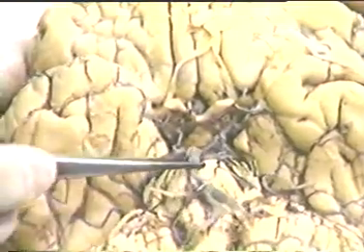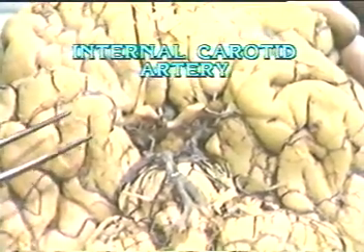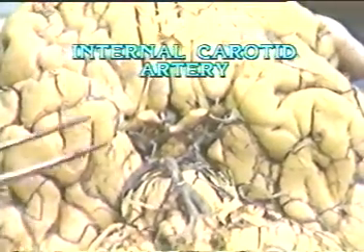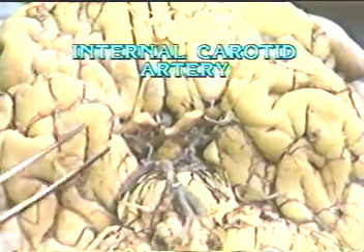A little further rostral here are the cut ends of two large arteries, one on each side, and that's the internal carotid artery. The internal carotid artery comes in through the skull, and it penetrates right through one of the cavernous sinuses on the base of the brain.